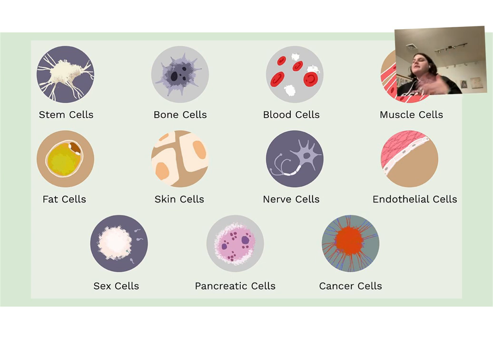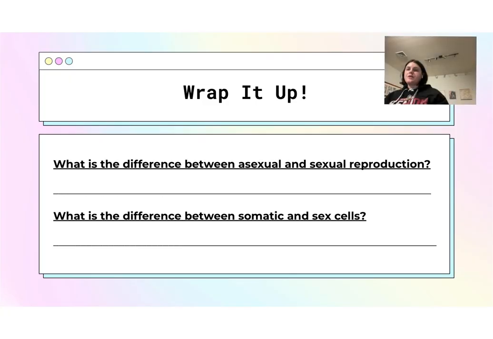So if you said any of those, you would have been correct. And if you said egg and sperm for your sex cells, you would be correct. Those are our 2 types of sex cells, eggs and sperm.